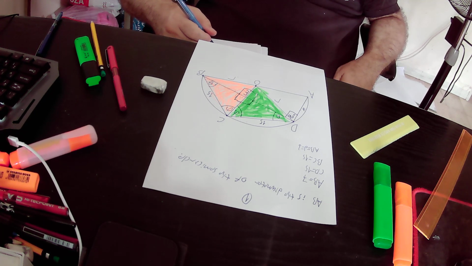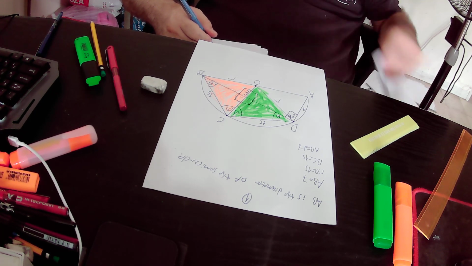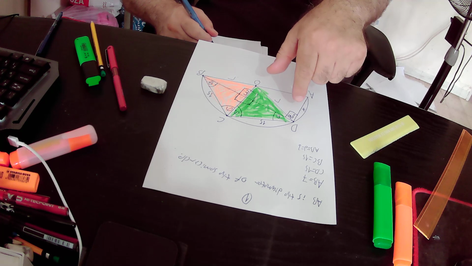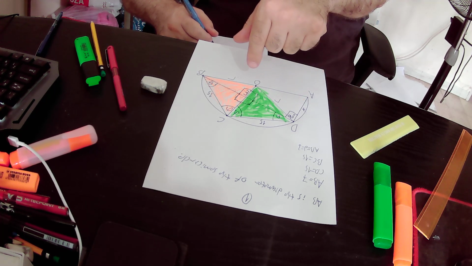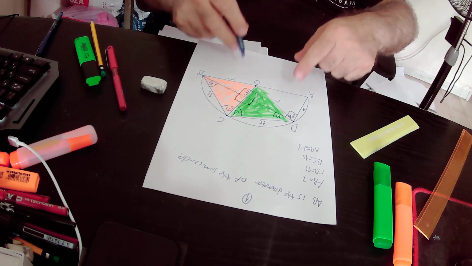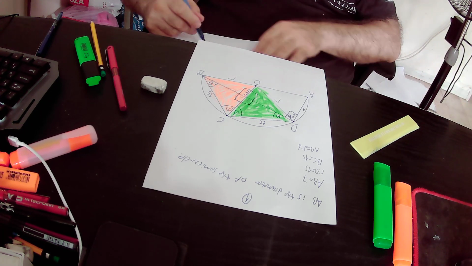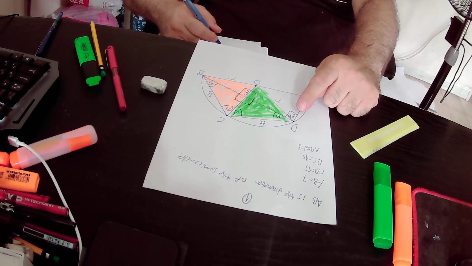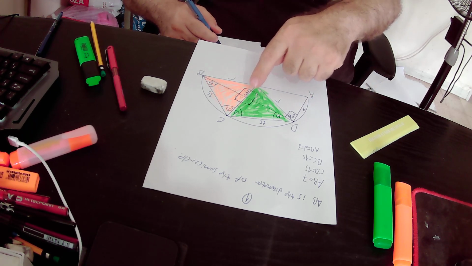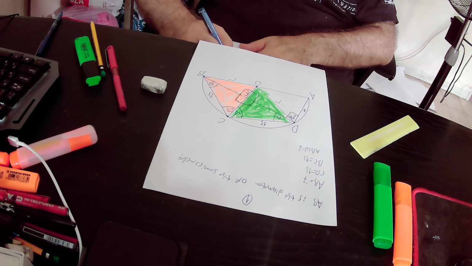Okay, so in the next step we will focus on the big right triangle, triangle ADB, and the small right triangle, triangle OEB. So I will draw those triangles again. Triangle ADB is a right triangle because this angle is a right angle, and also triangle OEB is a right triangle because this angle equals 90 degrees. So I will draw those two right triangles again.